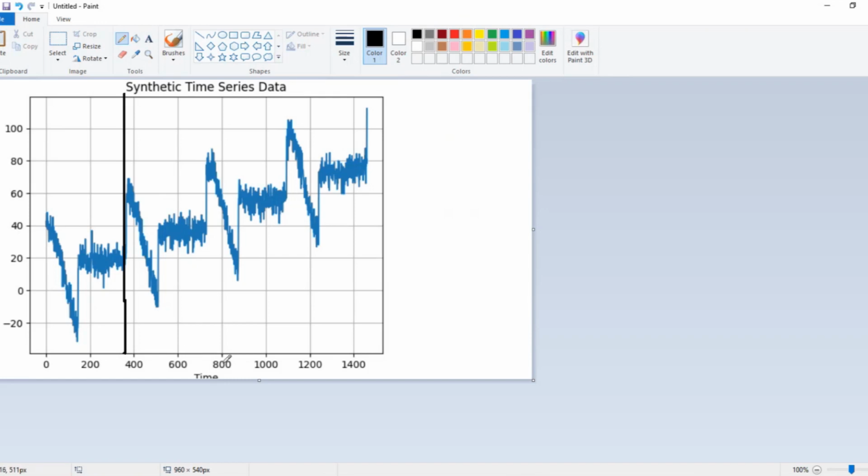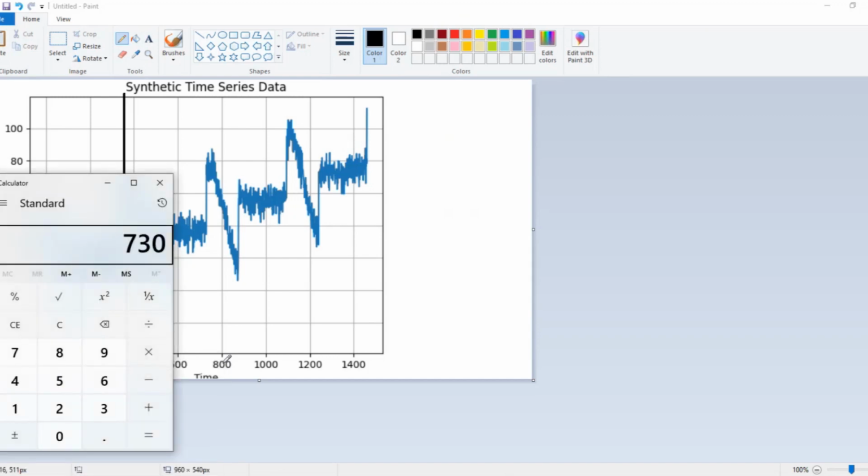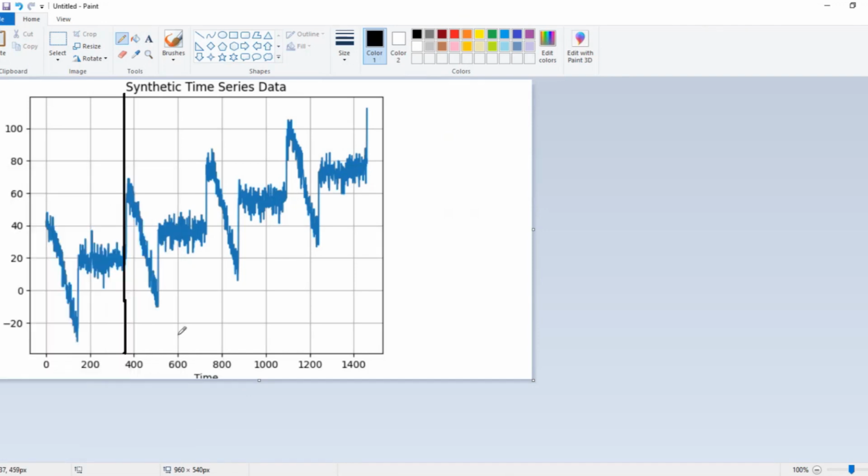Then after another year, 365 times 2, which is 730. If we take 700, it should be in the middle, a bit more, 30. So you notice the seasonality happens every 1 year.